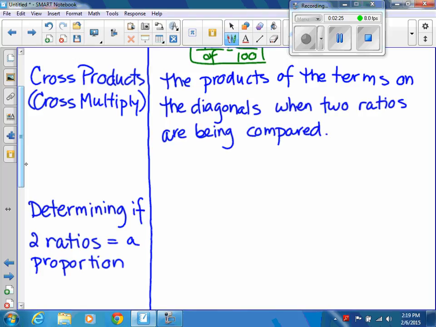And I'll explain more about that with our next little example. But basically, again, it's the products of the terms on the diagonals when two ratios are being compared. So let's see what that really means.